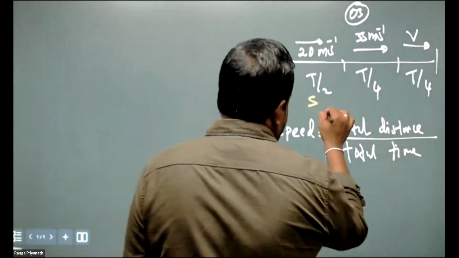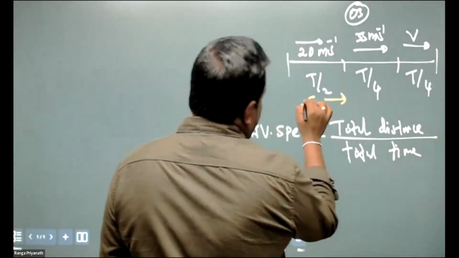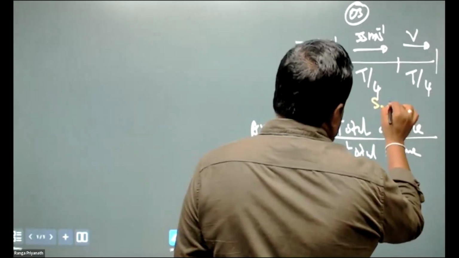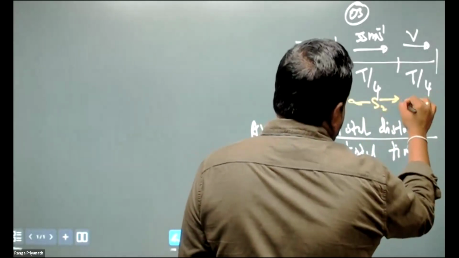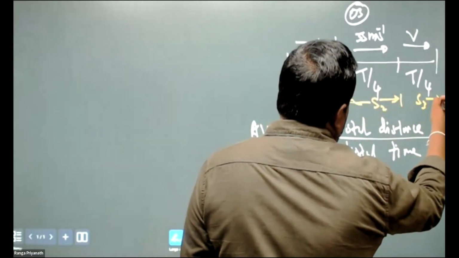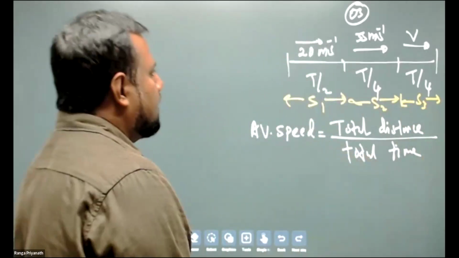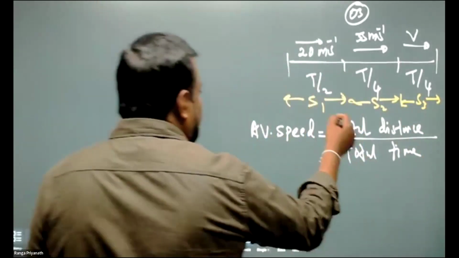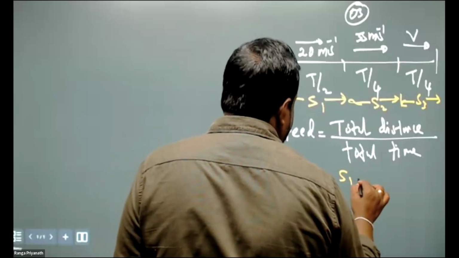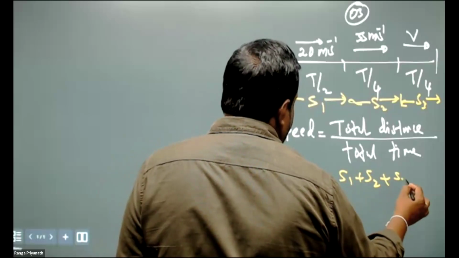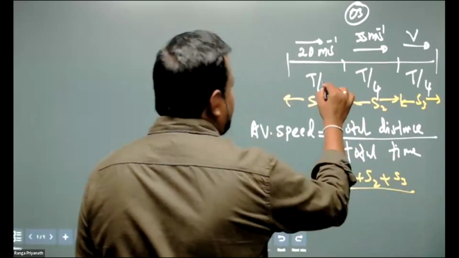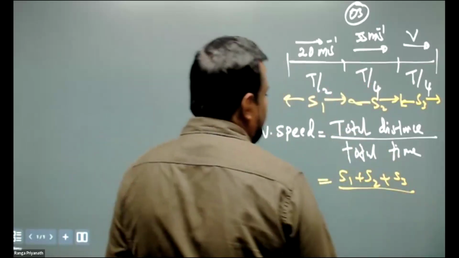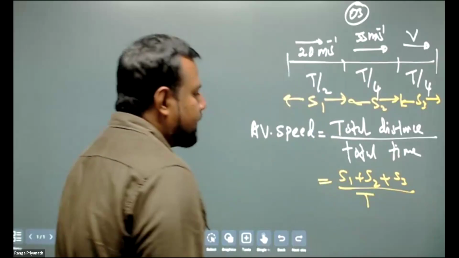Let's say the distances are S1, S2 and S3. The total distance is S1 plus S2 plus S3. Total time is T by 2 plus T by 4 plus T by 4, which is capital T.